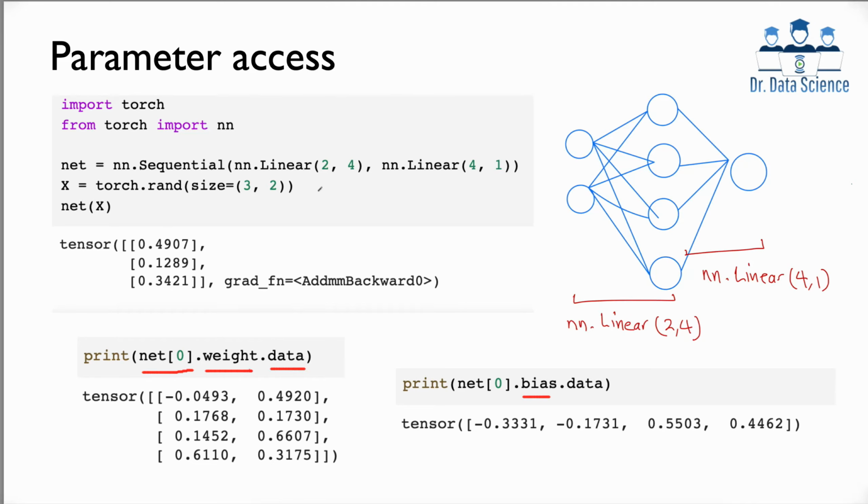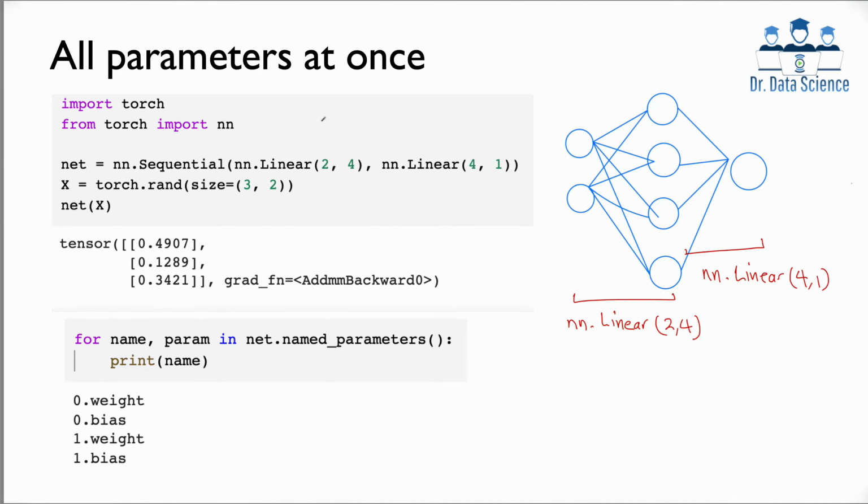Because I've not done any training here, if I use weight.grad, I get None, because I've never used backward. But the point here is that you can use weight and bias, and then data, to see what exactly these parameters are.